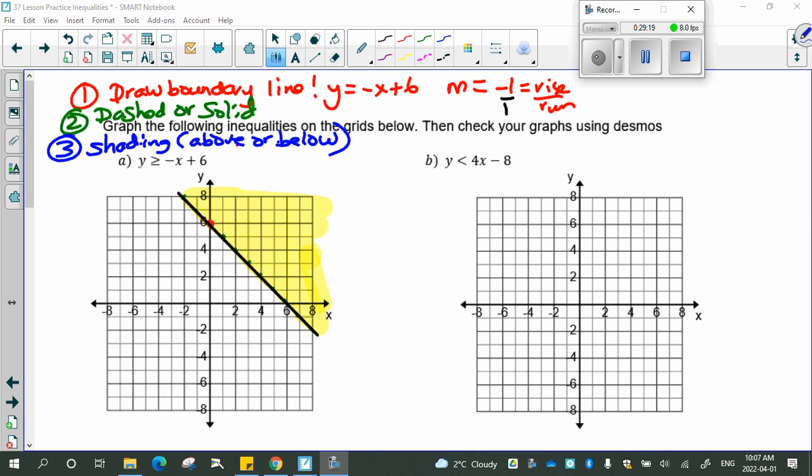So I'm seeing dashed lines, so starting at -8. And then my slope is 4, my rise over my run, which means up 4, right 1.